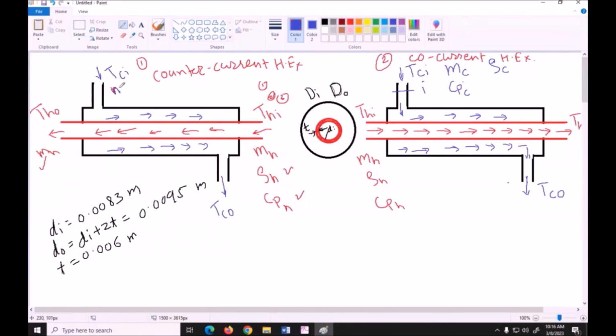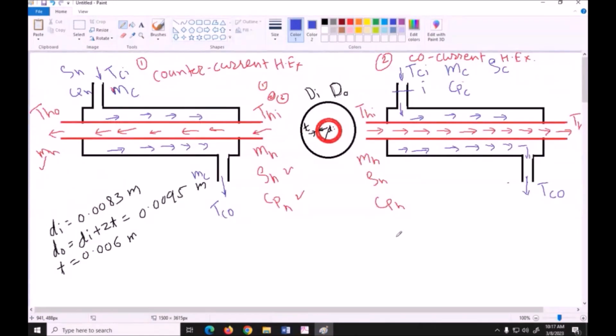For further study or any project work, you may change the mass flow rate of hot water and find the overall heat transfer coefficient, or change any parameter and compare the overall heat transfer coefficient. So this is about the equipment description.